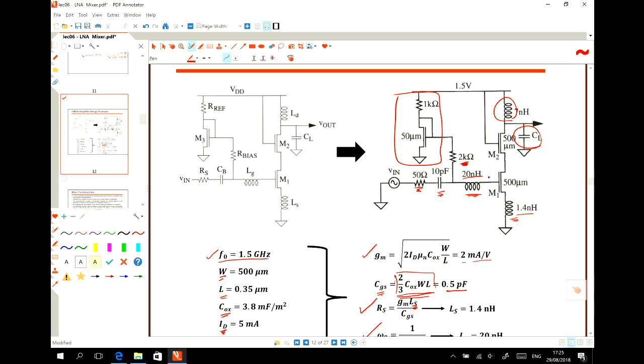It's not infinite, and because of that you need a matching network, L matching or pi matching network. But most of the LNAs are using a cascode design or a multiple stage of cascode design.